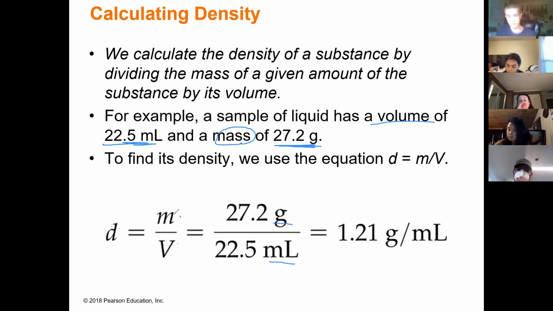Sometimes you're given mass and density, and I want you to solve for volume. So let's actually go ahead and do that.